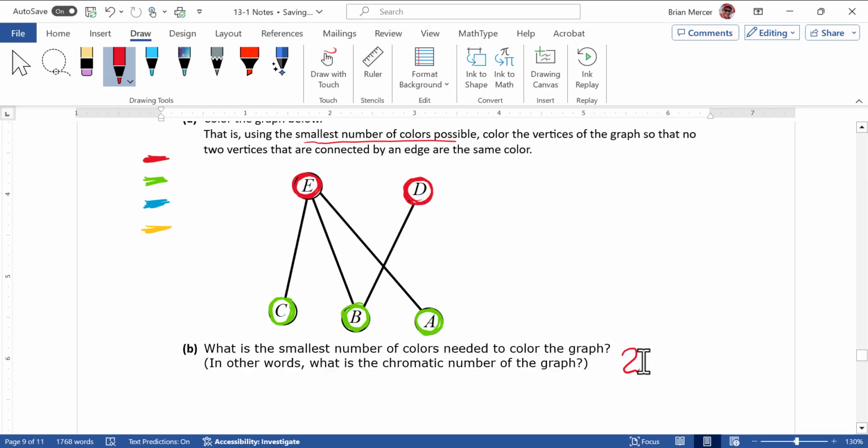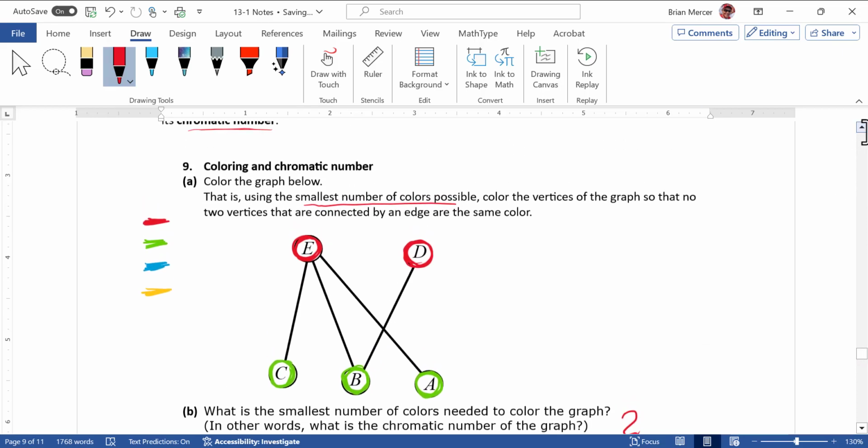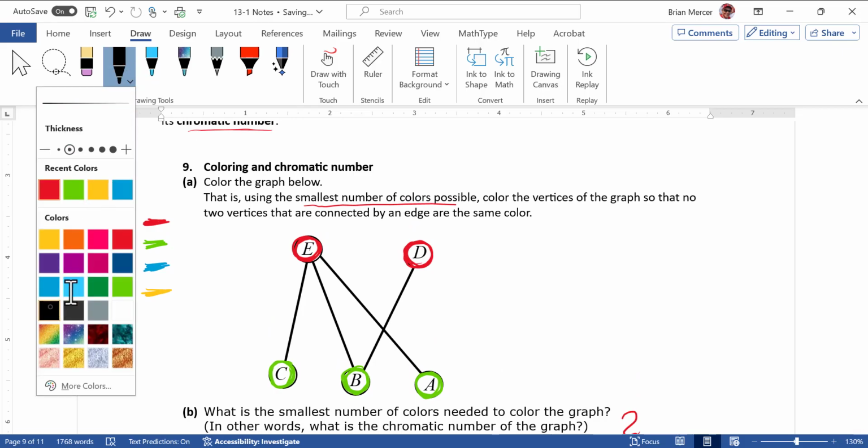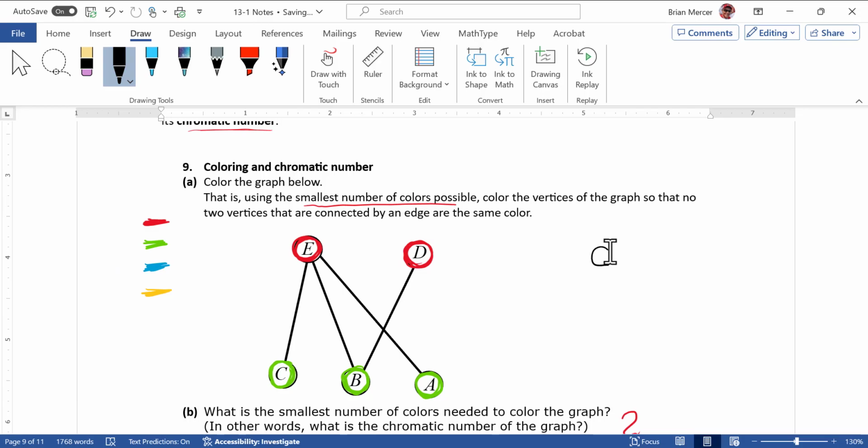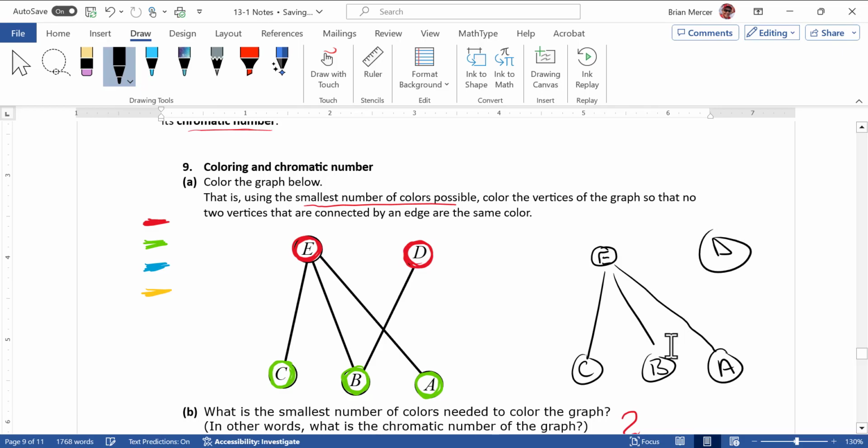Just to show you quickly what makes this more complicated, let me recreate this exact graph, with E, C, A, and D, and E connects like this, and like this, and like this, and then B jumps up here.